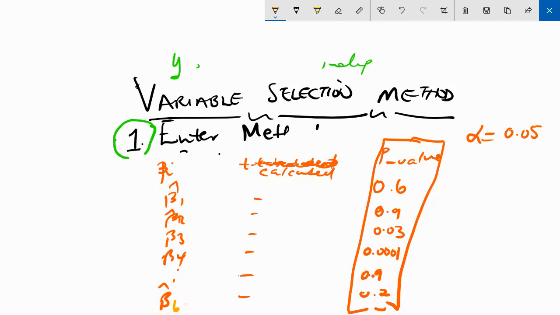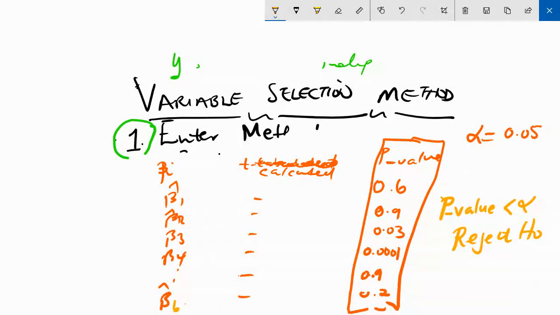So now you have these P values. Obviously, B1 goes with X1, B2 goes with X2, B3 goes with X3, and so forth. So the condition that we are going to use to check which ones are significant and which ones are not: if your P value is less than alpha, you reject the null hypothesis.